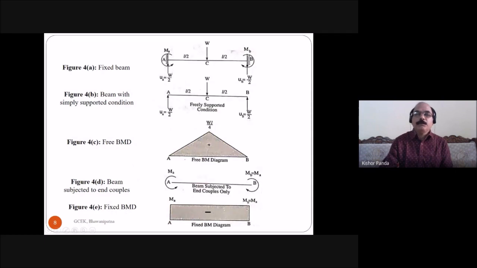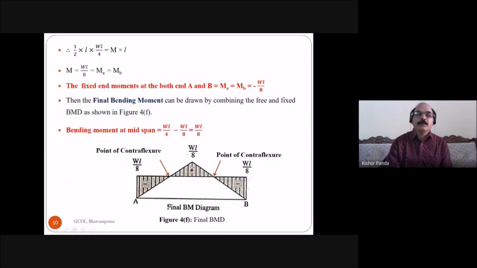And this is the fixed bending moment diagram, and MA you got here is WL by 8, MB is also WL by 8. So this is WL by 8 and this is WL by 4. You just draw these two figures, overlap free BMD and fixed BMD, and then you will get the final bending moment diagram. So this is your free BMD.